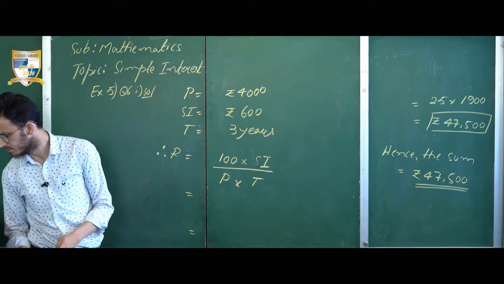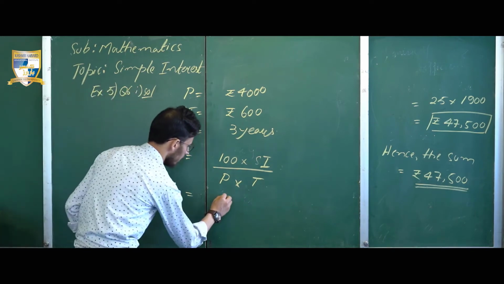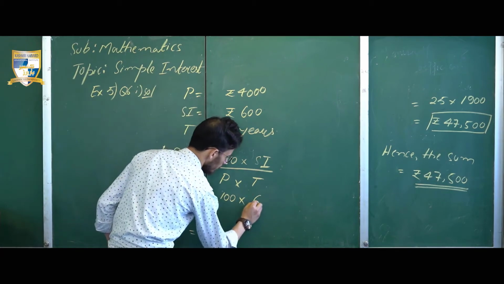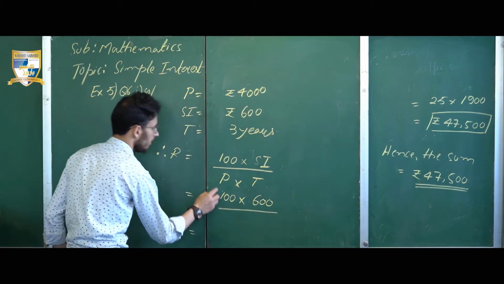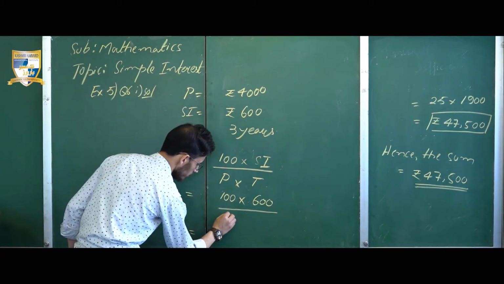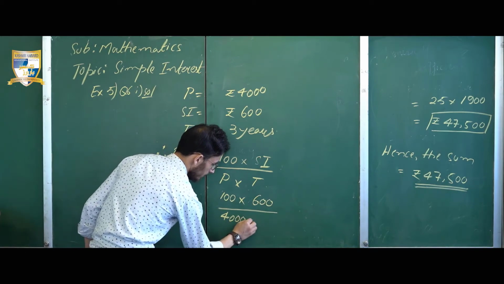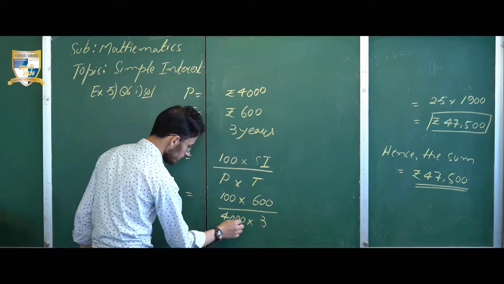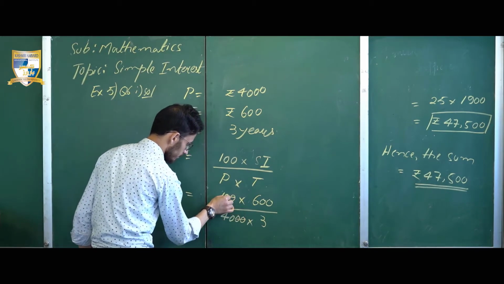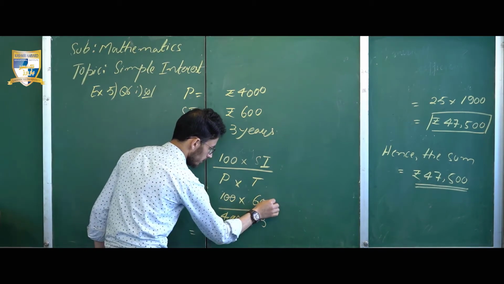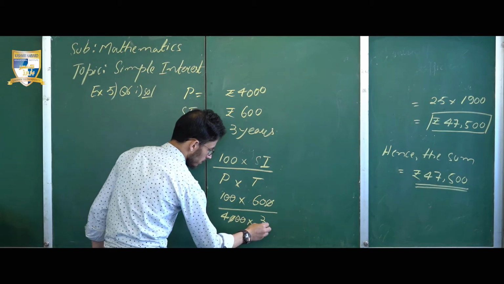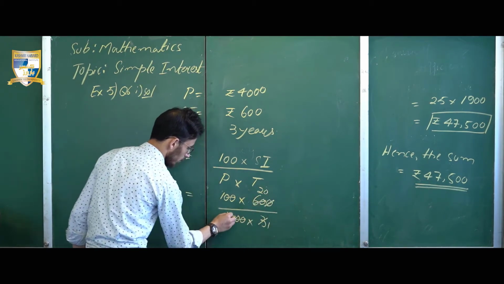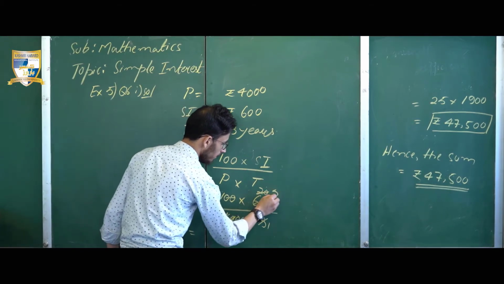Which is equivalent to 100 multiplied by simple interest, which is equivalent to 600, upon principal, which is equivalent to 4000, multiplied by time, which is equivalent to 3 years. So you cancel these: 3 1 are 3, 3 2 are 6, 3 0 are 0, 4 1 are 4, 4 5 are 20.